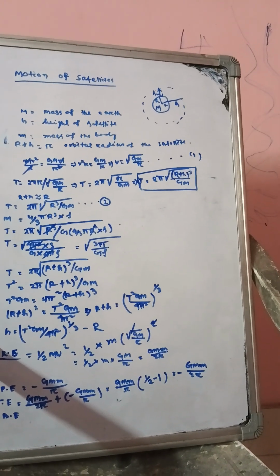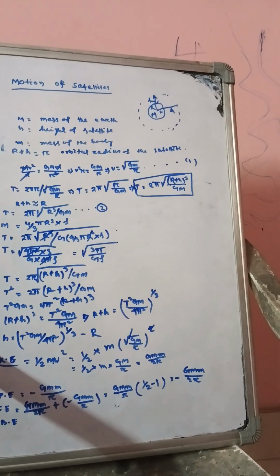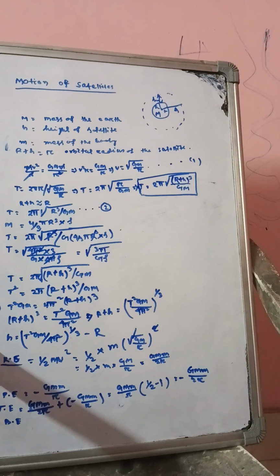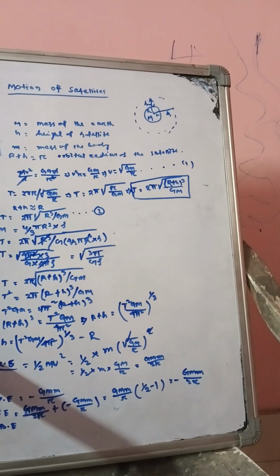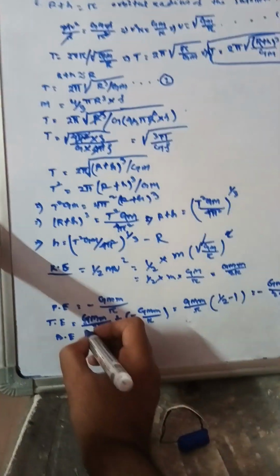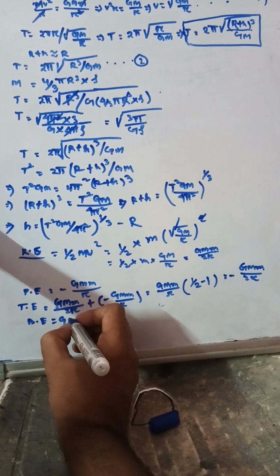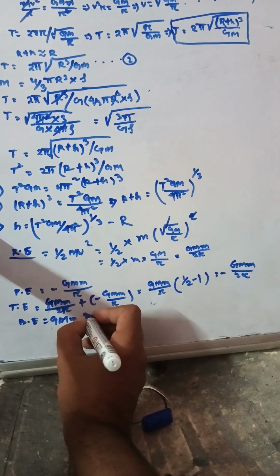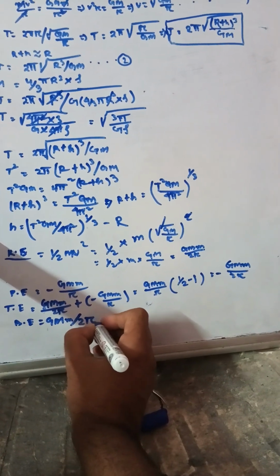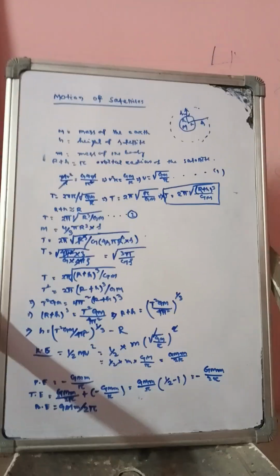So binding energy is equal to the kinetic energy, GMm by 2r. In this way, we have to calculate binding energy.